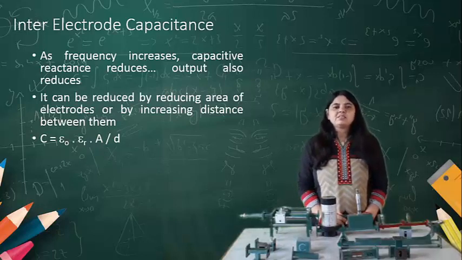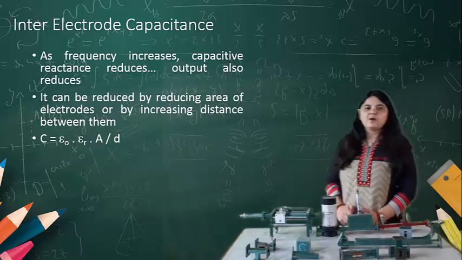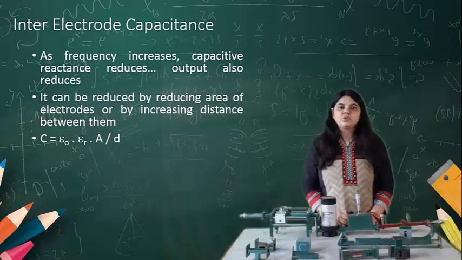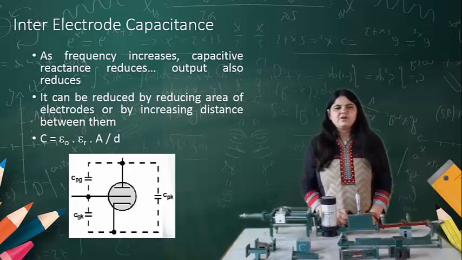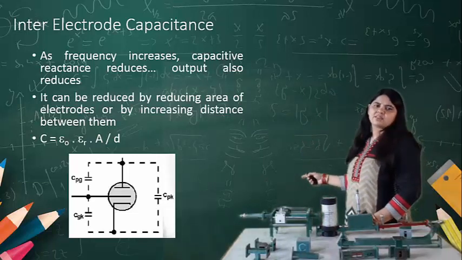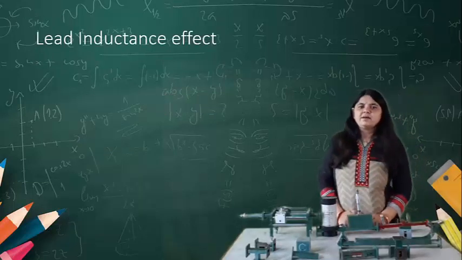Here the equation is C = εA/d, where ε is ε0 times εr, A is the area, and d is the distance between the two plates.